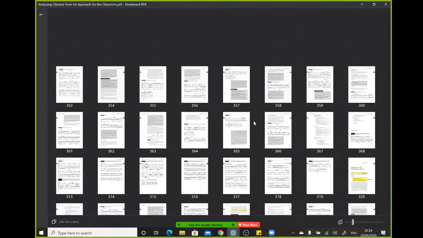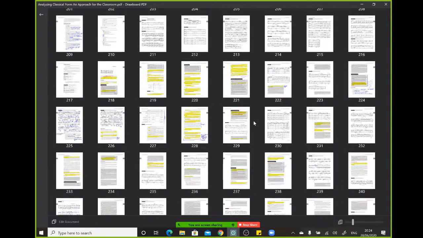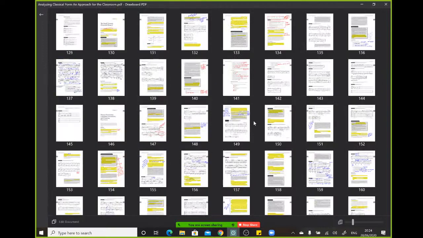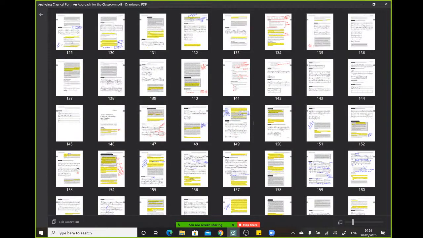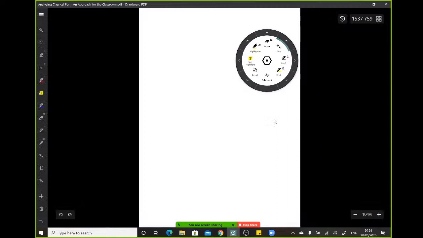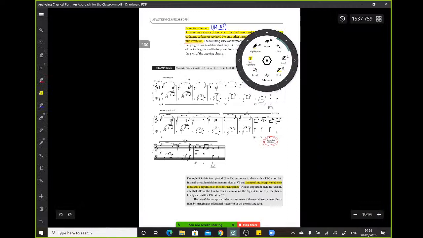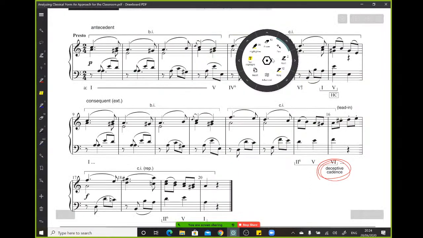I don't understand why it doesn't let me write on the screen. So, 153. That's it. Example 5.5.